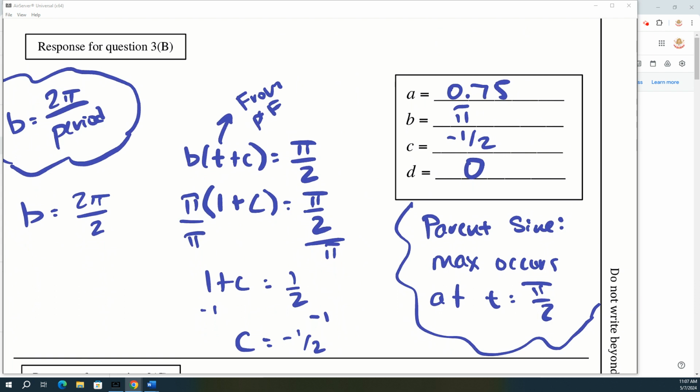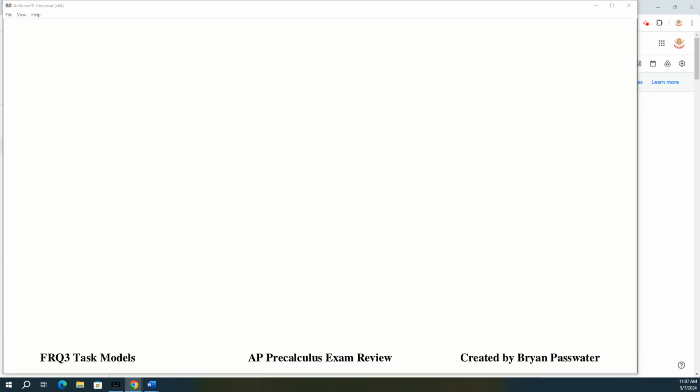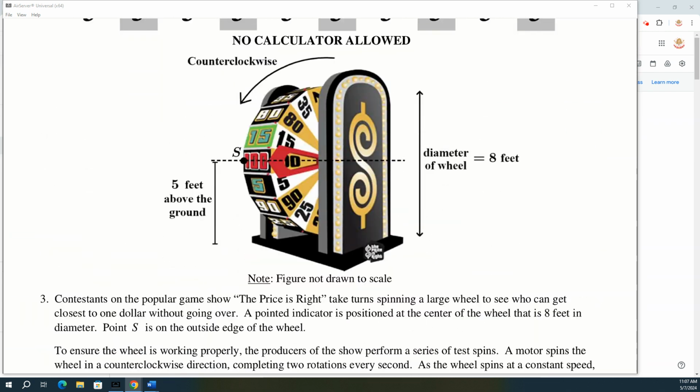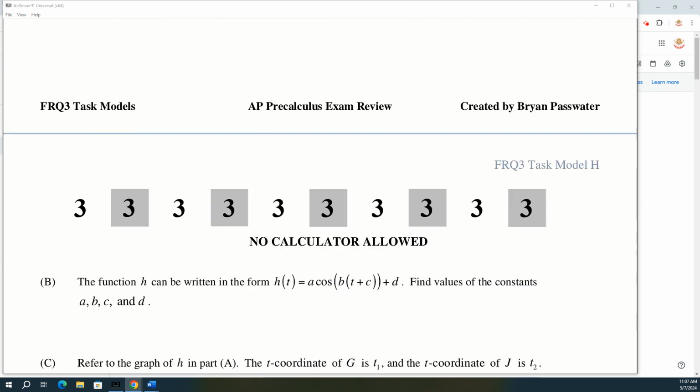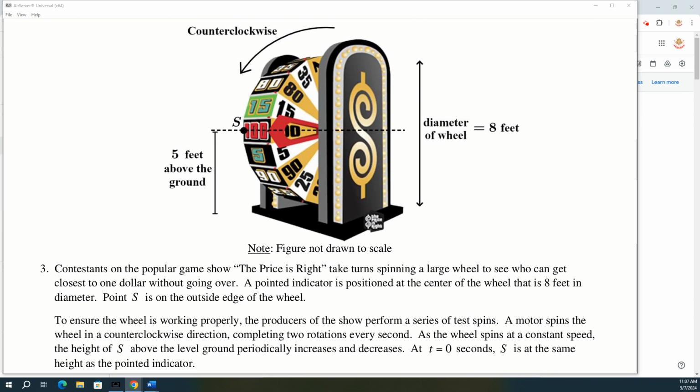All right, green one is about the Price is Right wheel. Okay, here we go. So we have this Price is Right wheel. It's a large spinner. I'm sure you guys have seen it before. There's a pointed indicator in the center position, and the wheel is 8 feet in diameter.